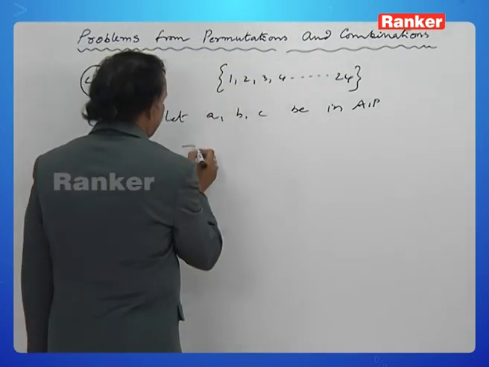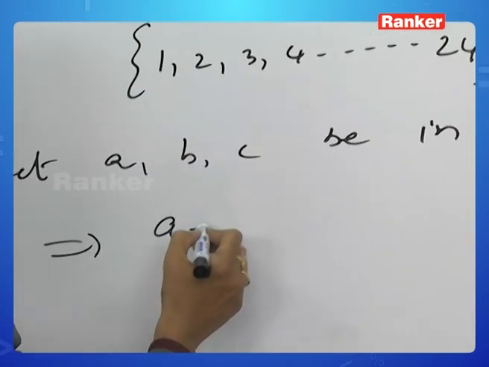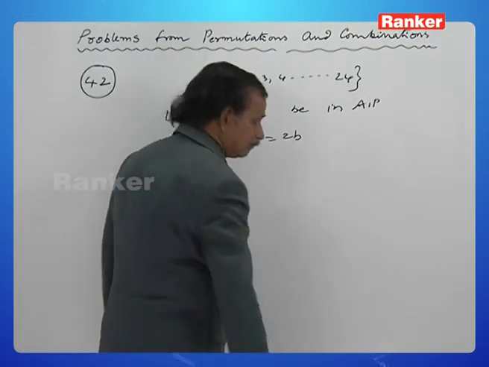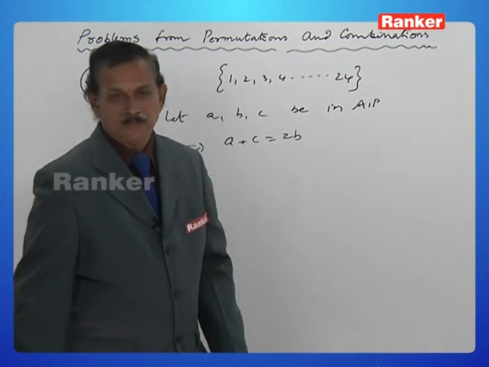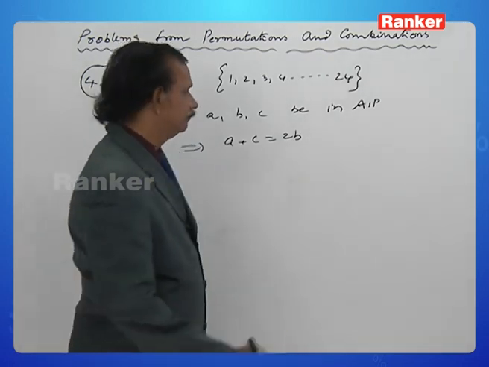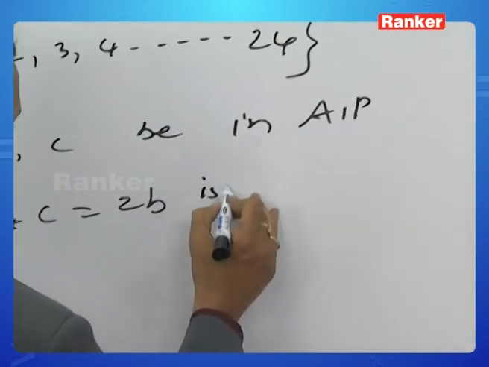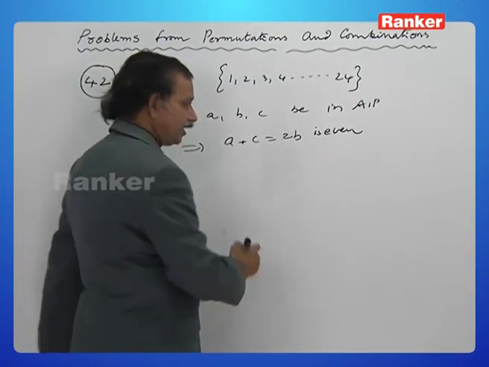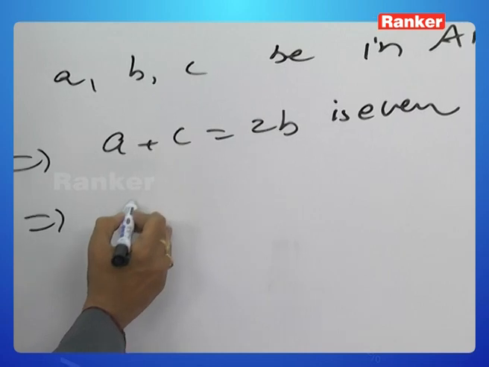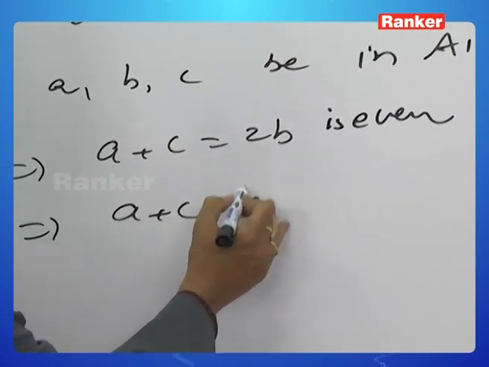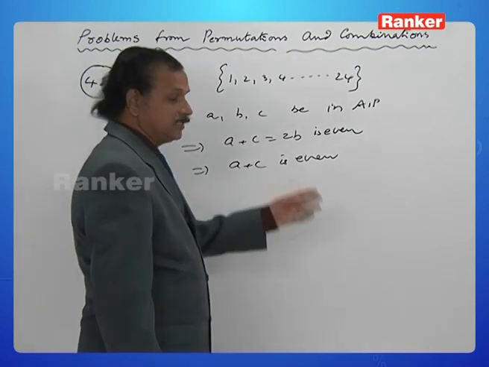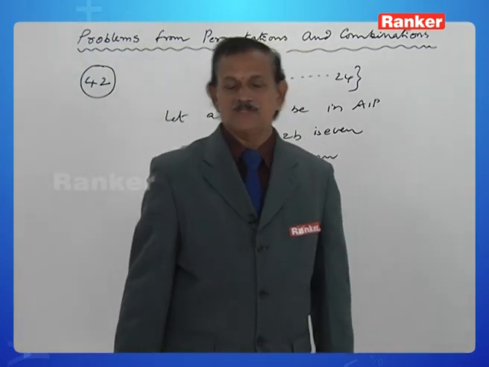As they are in AP, we say that A plus C is equal to 2B. What is 2B? It is even. So A plus C is even. So A plus C, the sum of 2 natural numbers, is even.